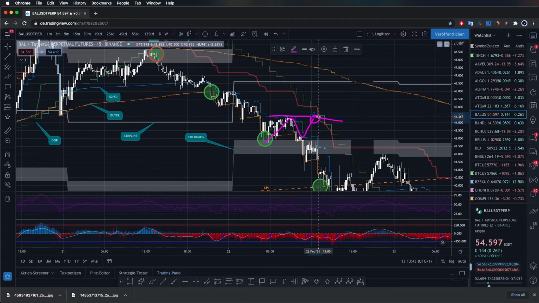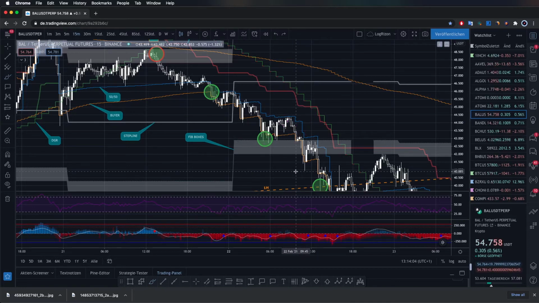If it would be like that, I would have a second confirmation of this 50-50 line, as well as the DGR line, which comes down, as well as the red bear trend coming down. So this would be a much better signal to increase my position in the short.